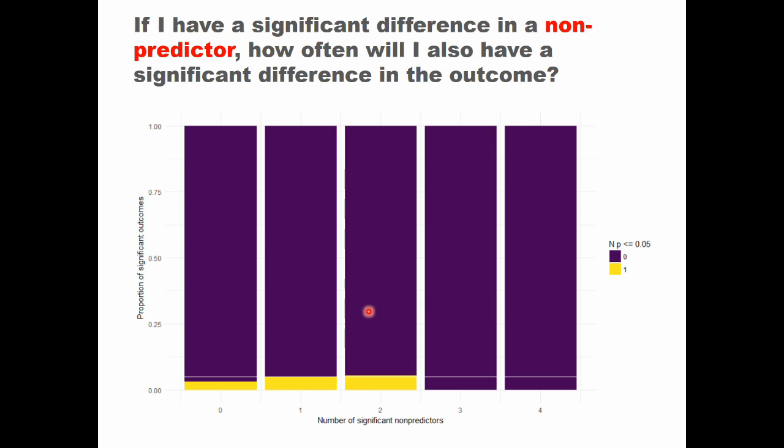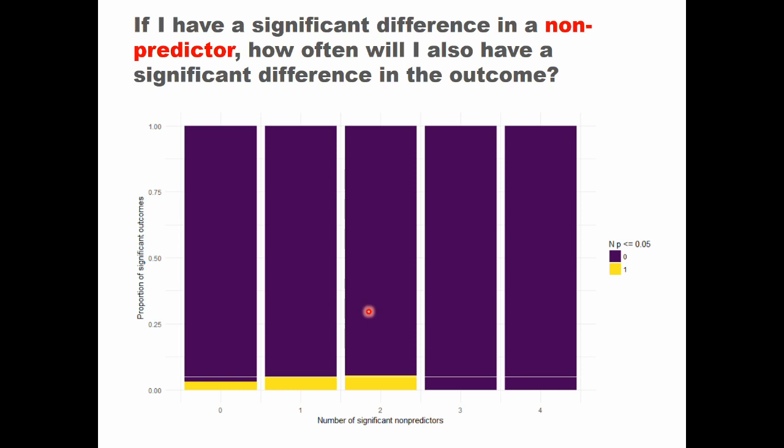I only have the one trial in front of me. I'm worried that my 2 groups might not be exchangeable, which will interfere with how I interpret the results of the trial. Well, looking at the number of significant non-predictors, things that I know are not predictors of the outcome, it tells me nothing. It tells me nothing about exchangeability whatsoever.